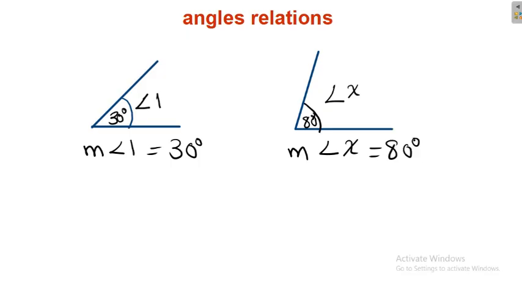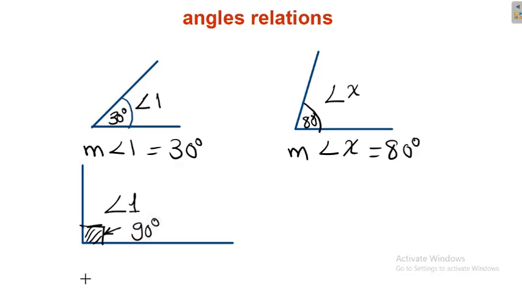And another one, this angle, let's say this angle is also angle 1. When you see this corner, this small square, that means that the measure is 90 degrees. So measure of angle 1 equals 90 degrees. So let's move to the other part of our lesson.